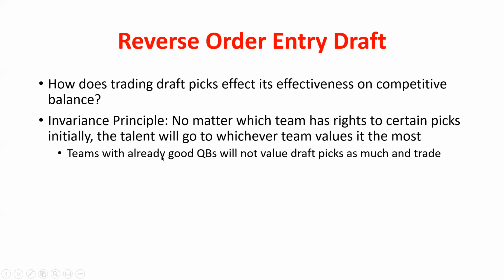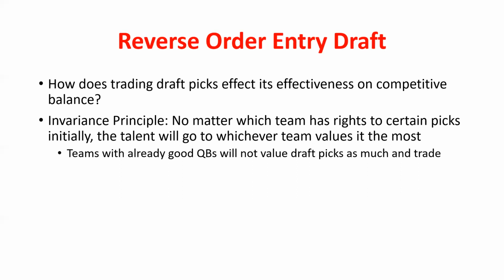The only other thing I did want to mention at this point for the invariance principle is it gets a little bit weird, because it's not so much the evaluation of the pick. It gets a little more complicated because the value of a pick is dependent upon what other teams are going to do.